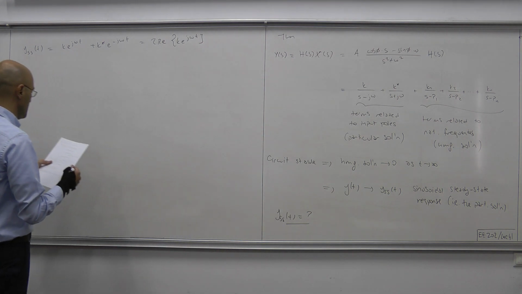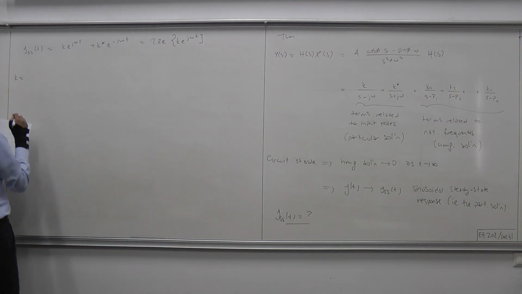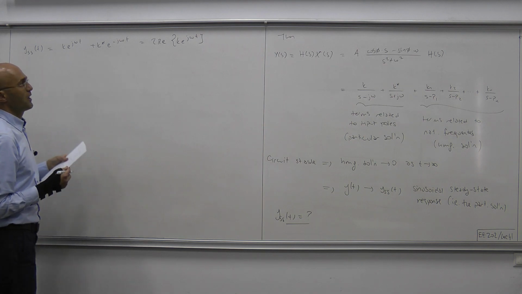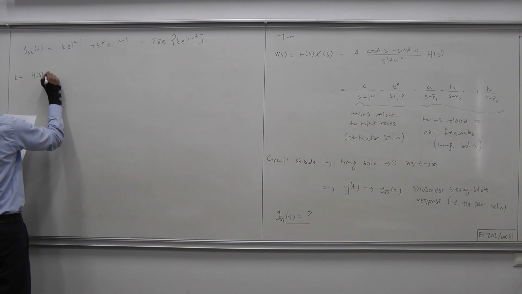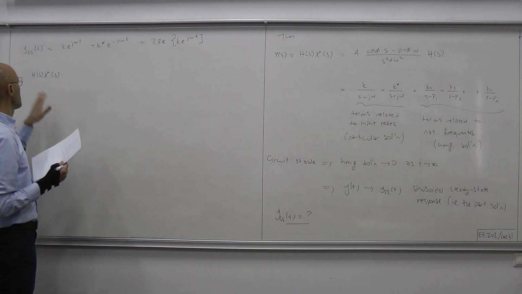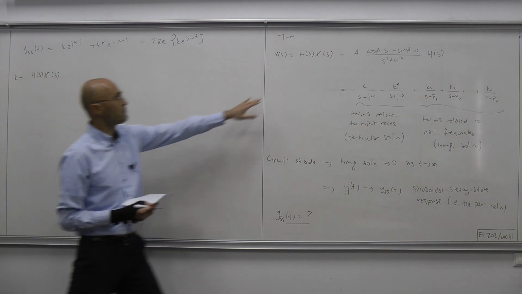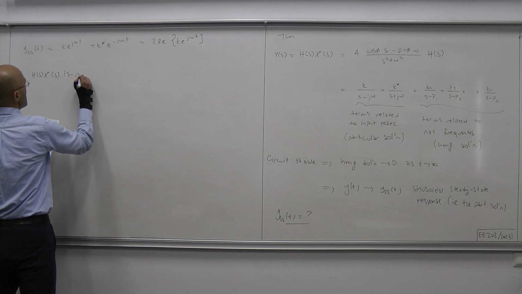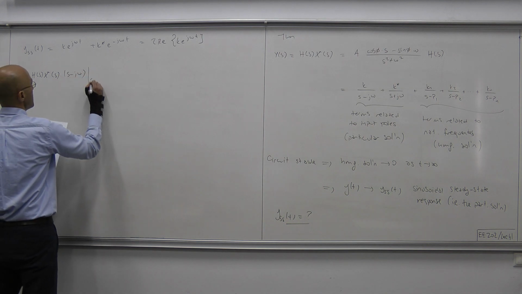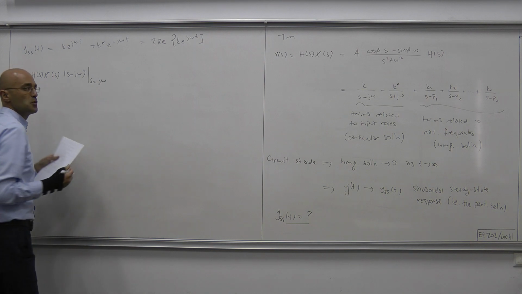Okay, so let's do that. K equals Y(s) times s minus j omega evaluated at s equals j omega, and Y(s) is H(s) times X(s). Okay, so this is our Y(s). That multiplied by s minus j omega, and then we evaluate that at s equals j omega.